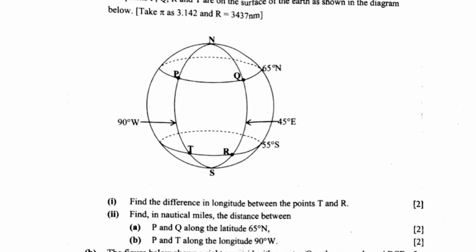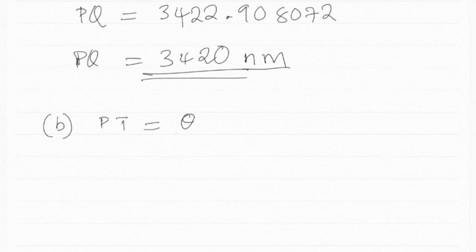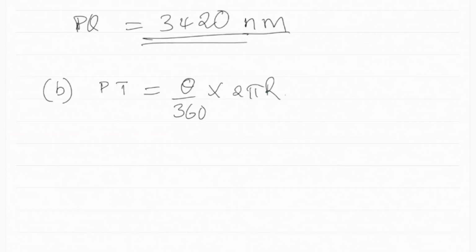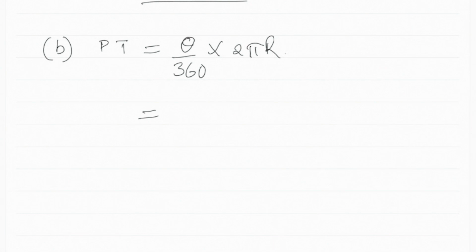Part B here talks about also finding in nautical miles the distance between P and T. So PT also can be found using the formula theta over 360 times 2 pi r. And the R here, we are aware that the R is simply the radius of the Earth.